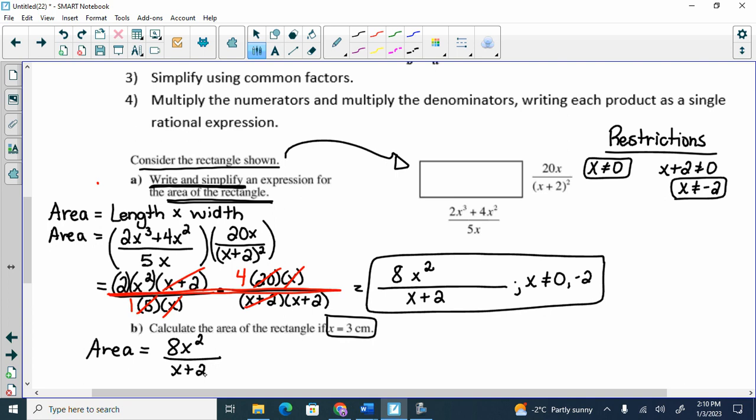But now I'm going to fill in a 3. So I'm going to get area equals 8 times 3 squared over 3 plus 2. So 3 squared, which is 9 times 8, which is 72, over 5. And 72 divided by 5, hopefully is 14.4, because that's the answer. 14.4 centimeters.